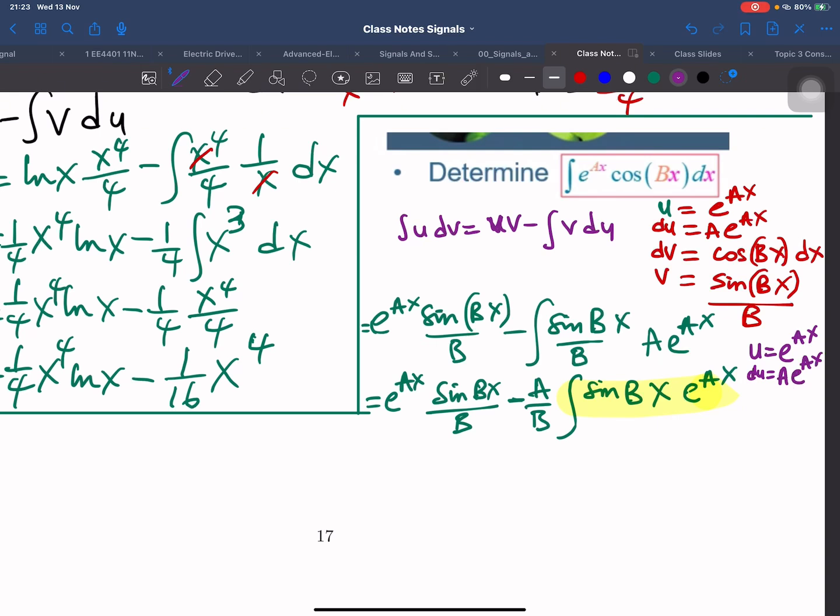Then dv is the remaining part, that is equals to sine bx dx.